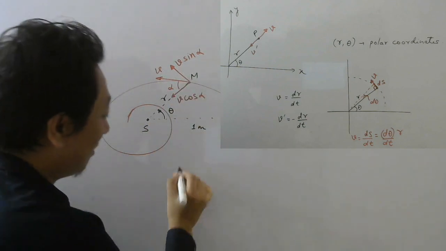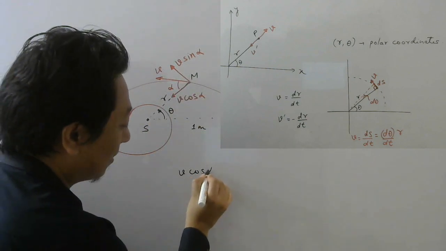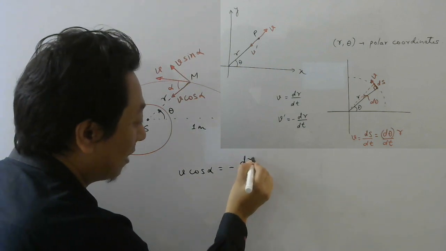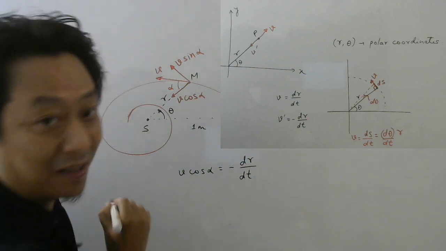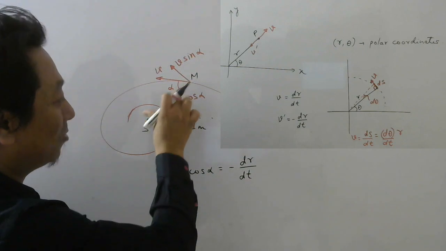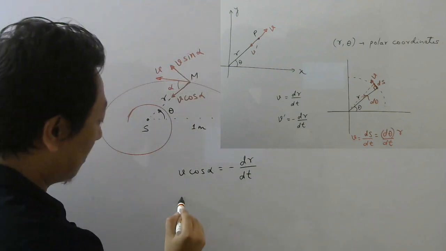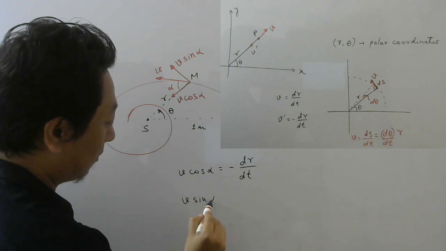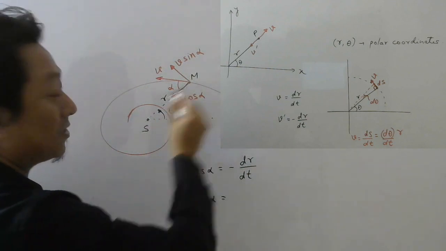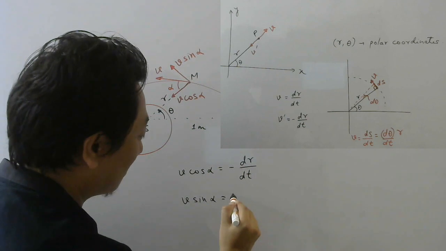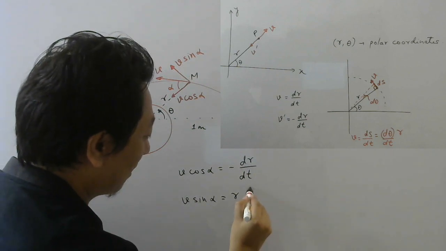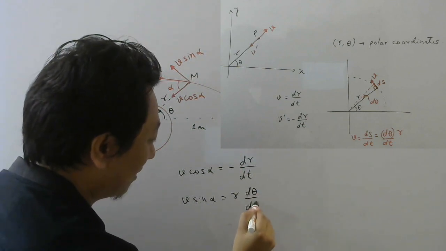So I can write this V cos alpha as minus dr by dt, right? Rate of change of this distance would give you the speed in this direction. And similarly, this V sin alpha is the velocity which is perpendicular to this r, and that can be written as r omega, and your omega was d theta by dt.